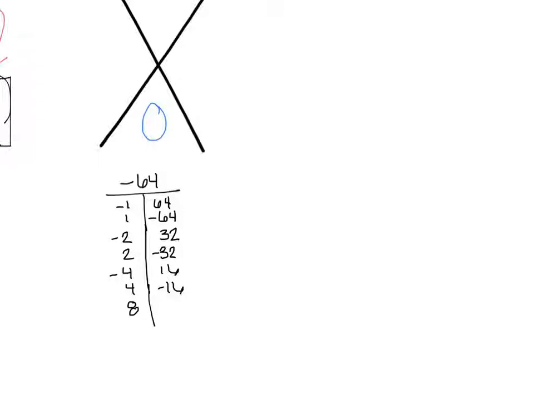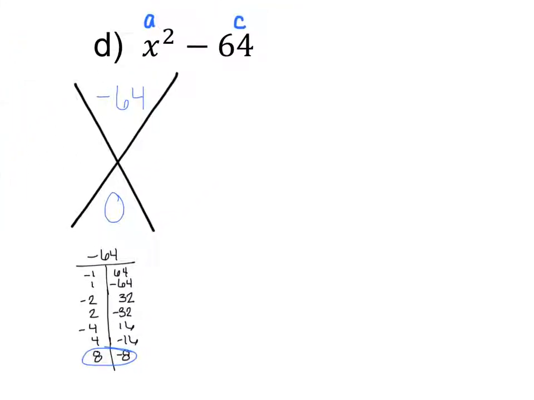Ooh, 8 and negative 8. Hey, do those add to get 0? Yes. So our little side numbers here are 8 and negative 8. Use those to make your fractions. Our A is 1, so that's our denominator. So we'll have 8 over 1 and negative 8 over 1.